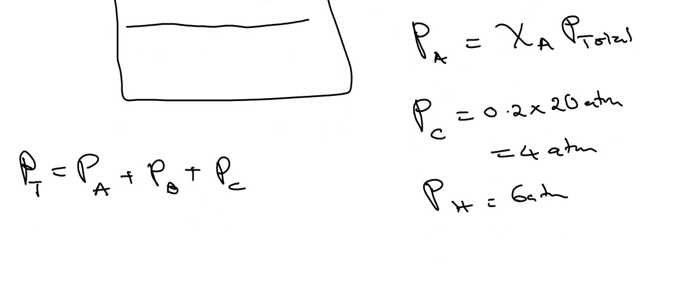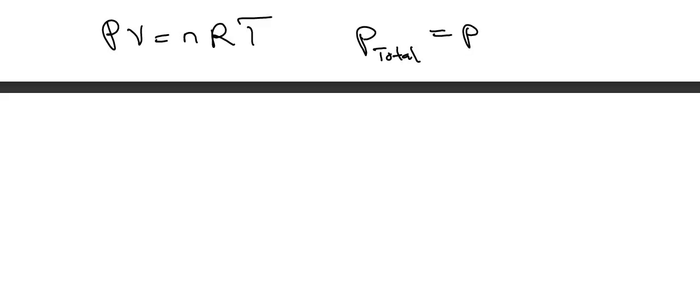And to improve our PV, our ideal gas equation, if you are interested in collecting a gas over a particular solution, or let's say water vapor, we always need to get the right pressure to use. The total pressure is equal to the pressure that the gas is experiencing plus the pressure of the water vapor.